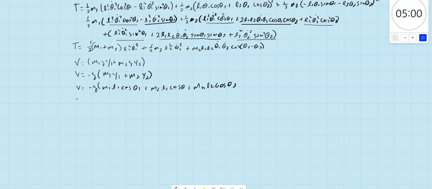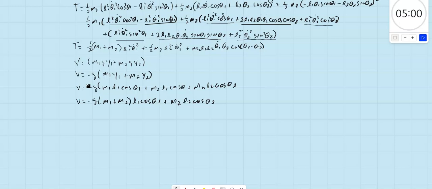And I can factor out minus G times M1 plus M2L1 cosine theta 1 plus M2L2 cosine theta 2.